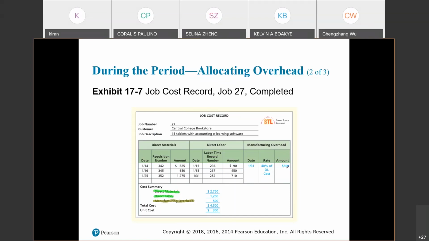So this $500 comes from here. For direct materials, $2,750 comes from the total of these three uses of direct materials.